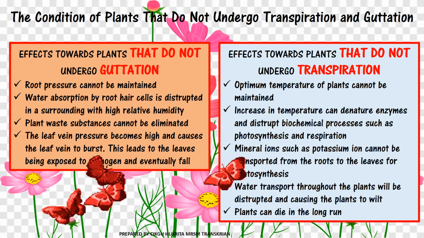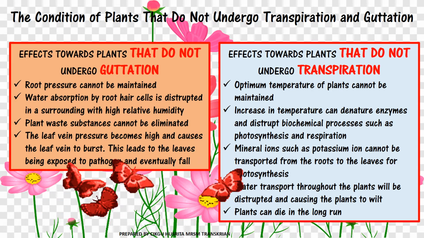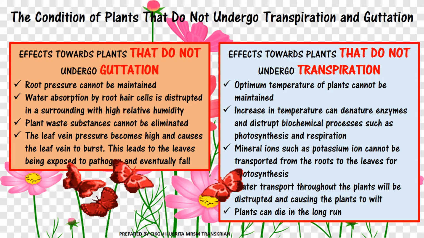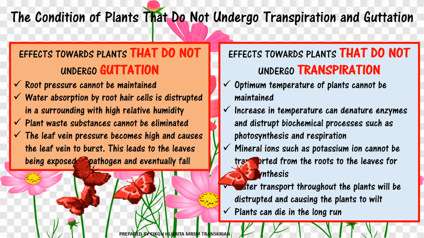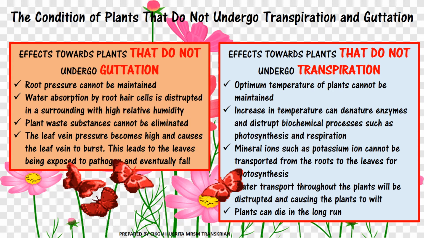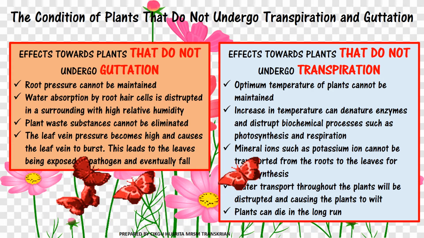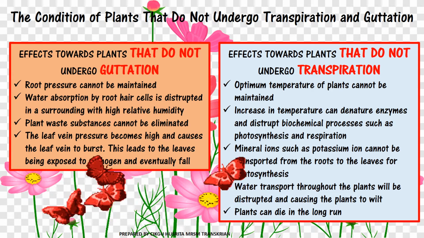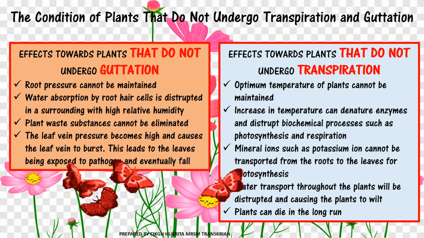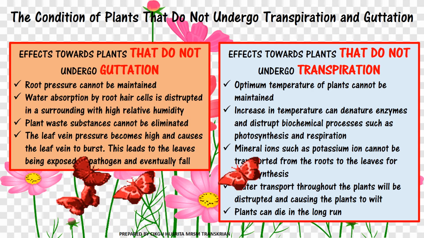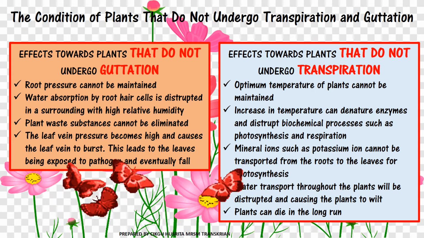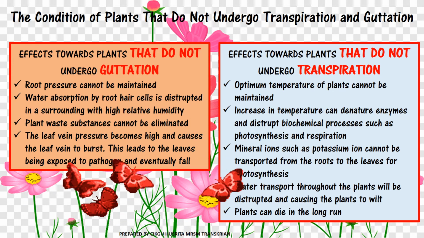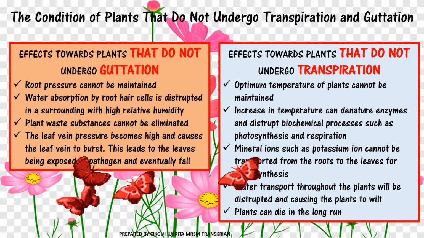Okay, for transpiration, there are 5 effects towards the plant if transpiration does not occur. The first one, the optimum temperature of the plant cannot be maintained. When the temperature cannot be maintained, the temperature will increase. Increasing temperature can make the photosynthetic enzymes denatured and also disrupt biochemical processes such as photosynthesis and respiration.